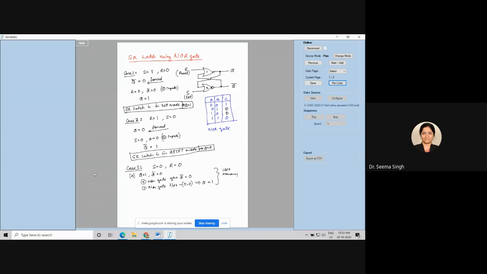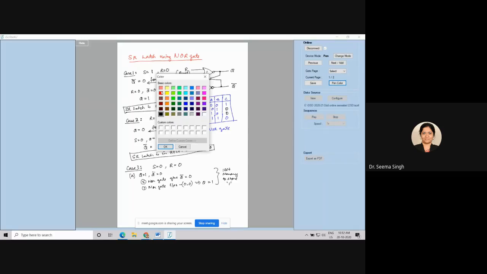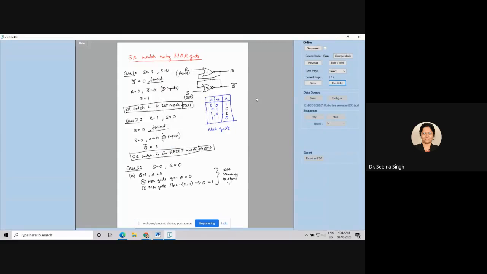What has it stored now? It stored the bit 1. So this is the case when it behaves as a memory which is storing bit 1.